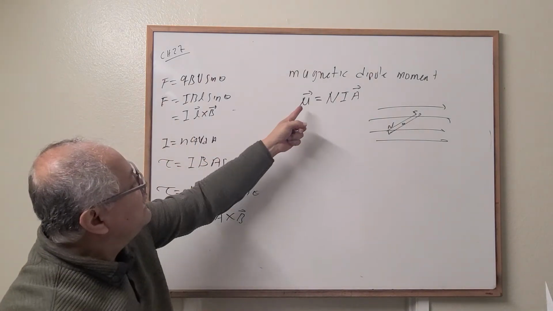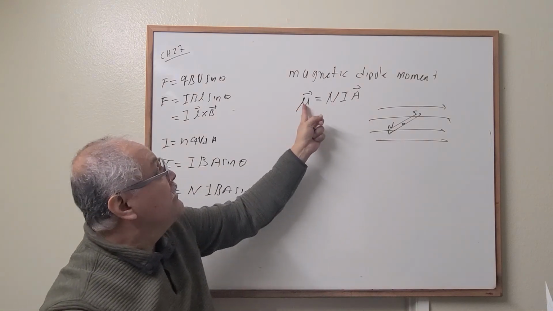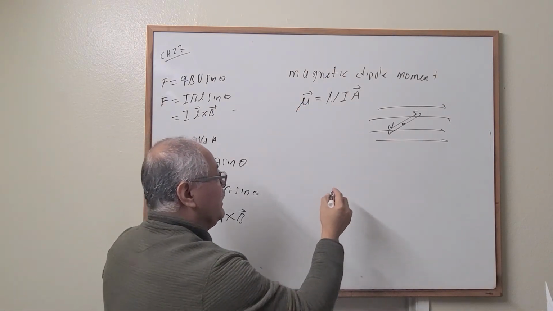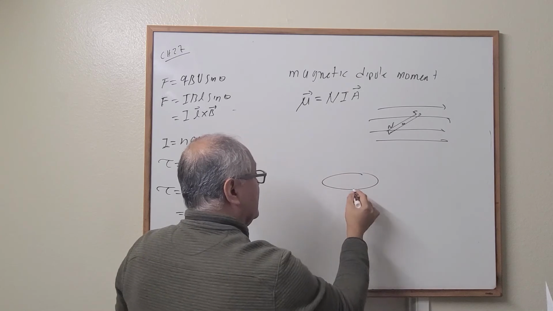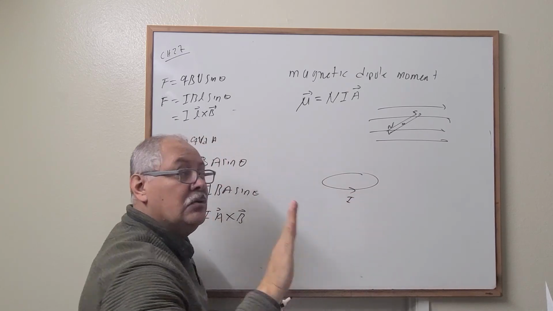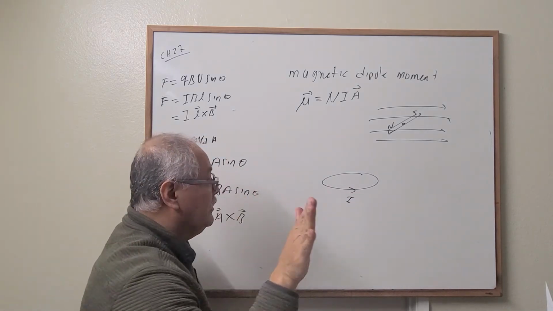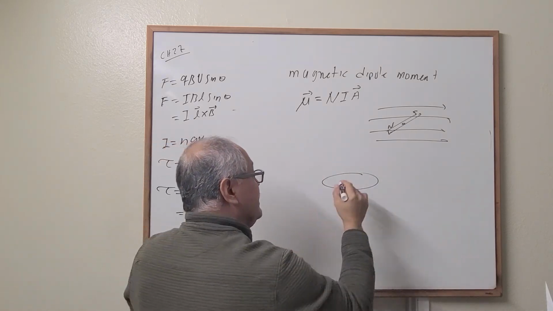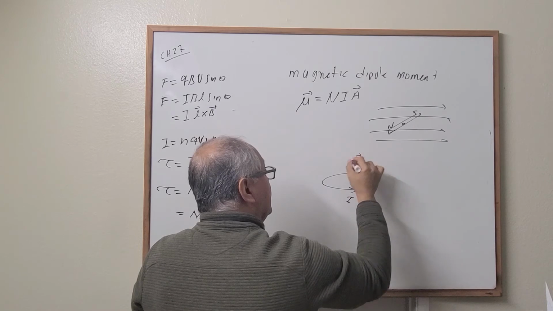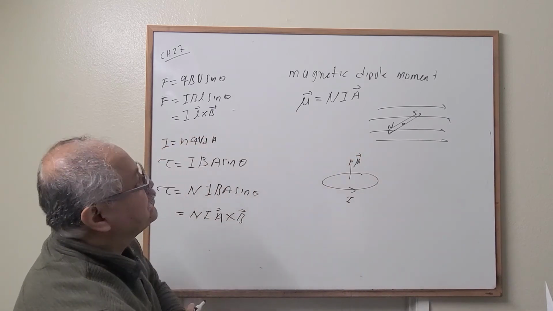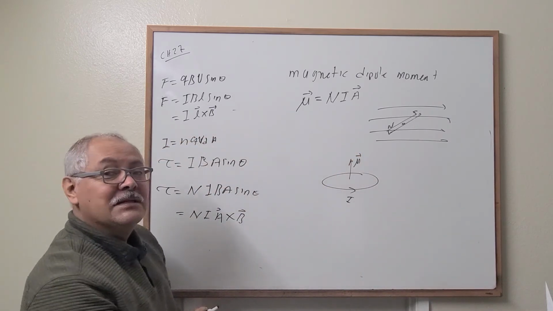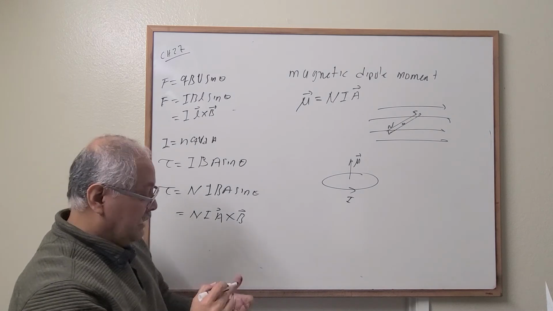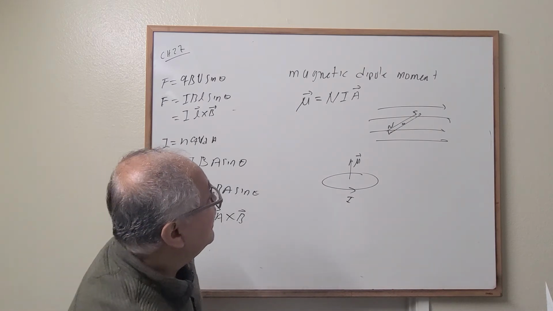How do we find the direction of the magnetic dipole moment? Imagine the current goes in this direction. We use the right hand rule: the thumb represents the direction of the magnetic dipole moment.